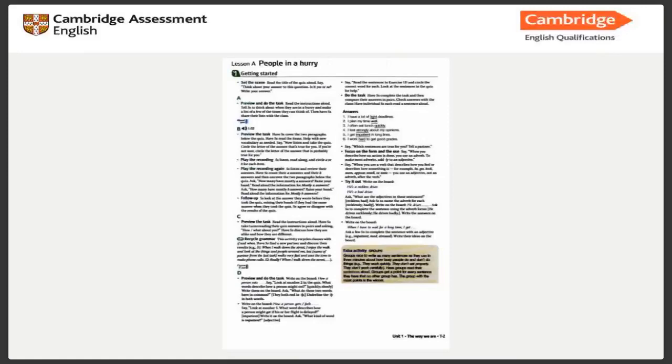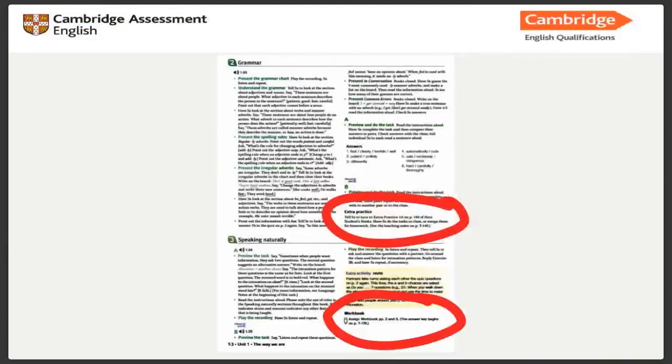The notes will then move on to describing in detail how each lesson is to be taught. At periodic intervals, references to when to use the extra practice exercises and workbook will be given.